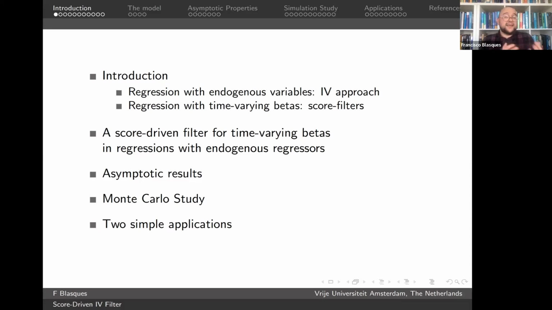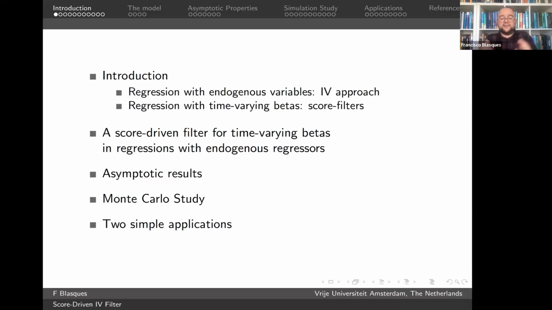The same thing applies for a recap on score filters. It's really just the basic idea. Once we're done with that, and we are sure that everyone is on board, I then essentially put the two things together.